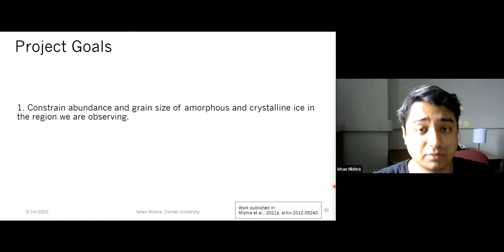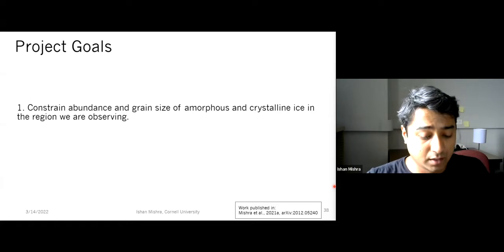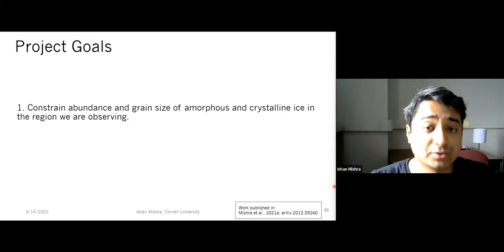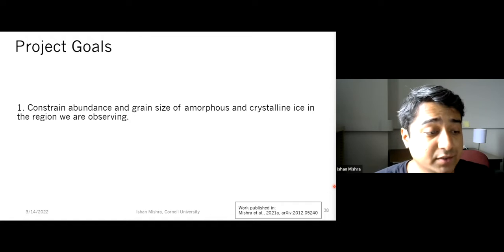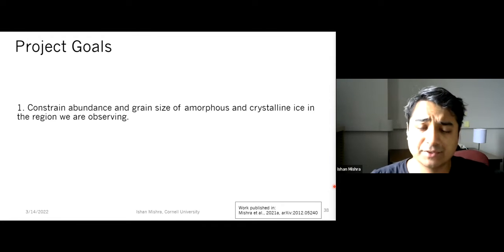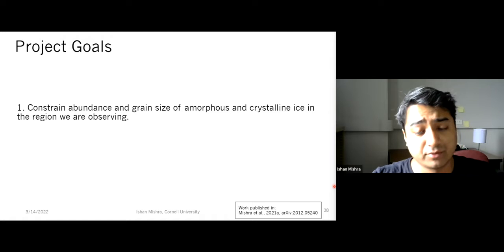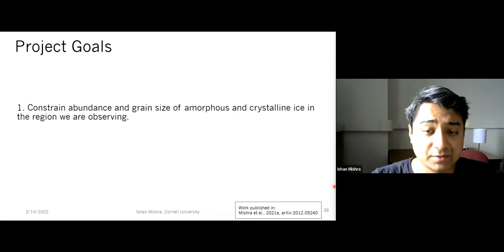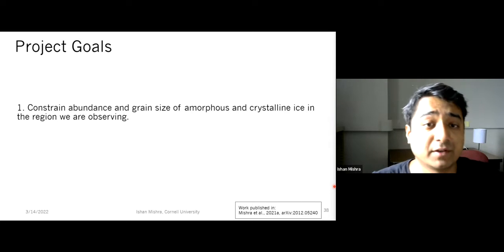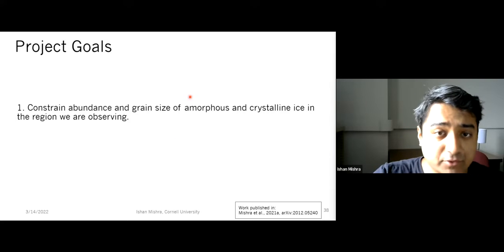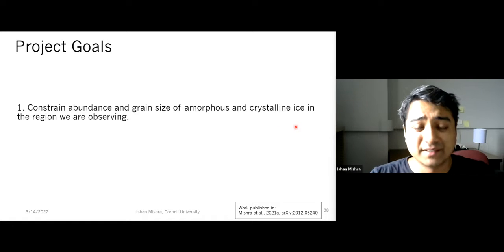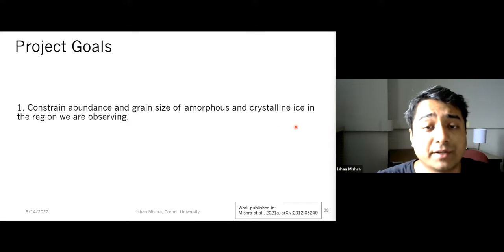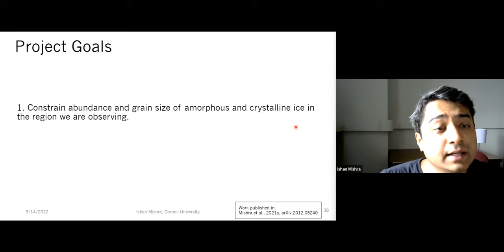So we wanted a simple goal of just trying to figure out the distribution of the two kinds of water ices, because they have both been detected on Europa's surface, but there really has been no work done before ours where their abundances were constrained with spectral modeling, because the optical constants for these two different kinds of water ices were recently calculated. So people had not incorporated them into the fitting analysis previously.